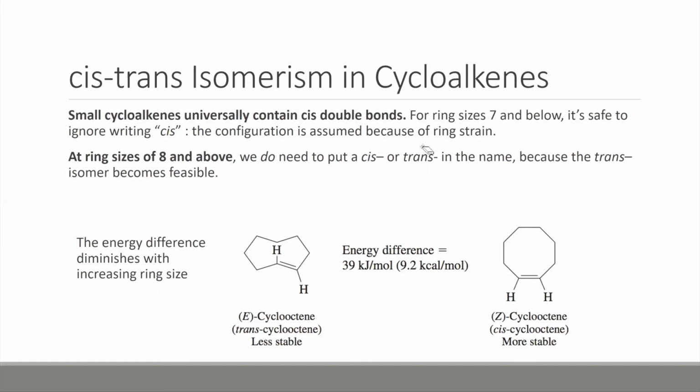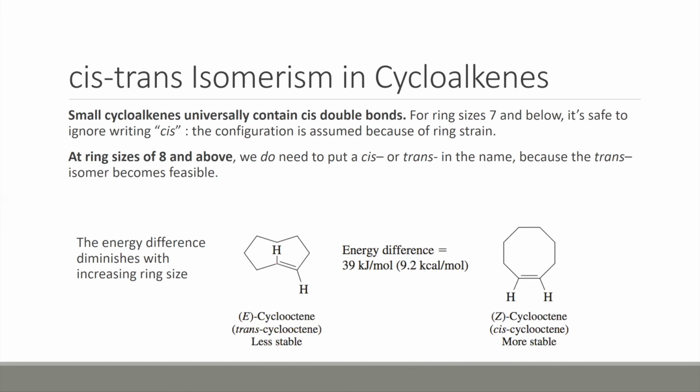However, when you have ring sizes of 8 and above, you do need to put cis or trans in the name because there is technically the feasibility of a trans isomer. The energy difference and that strain diminishes as you get a bigger and bigger ring with a double bond.